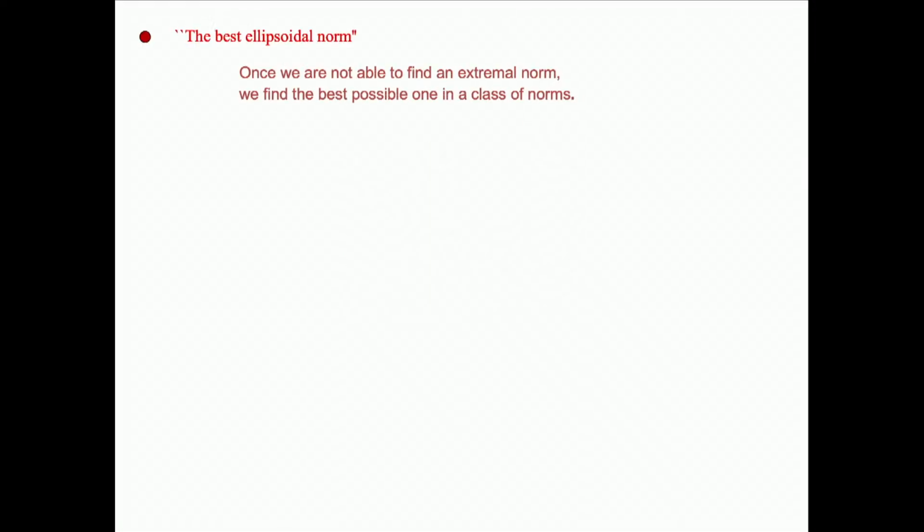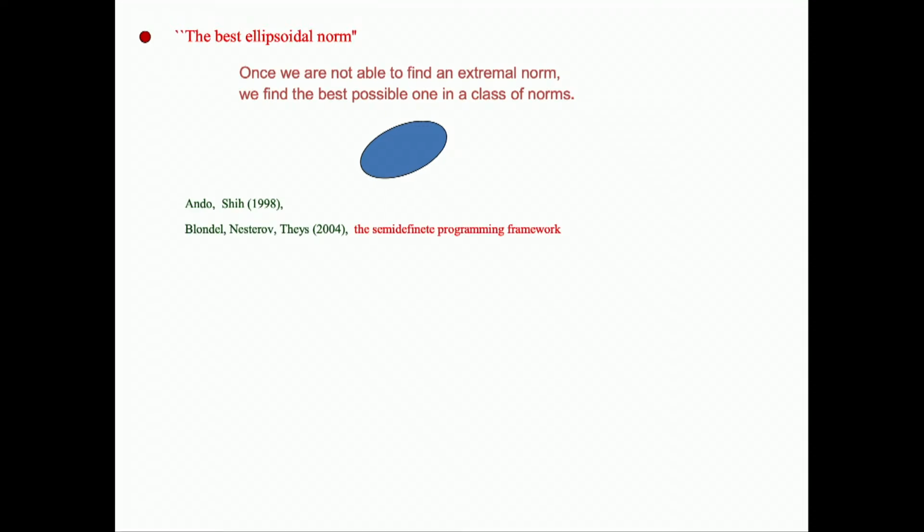The best ellipsoidal norm: this idea originated with Ando and Shih in 1998. Then it was independently invented by Nesterov and Blondel and Theys. And in contrast to Ando and Shih, they applied SDP for this problem.